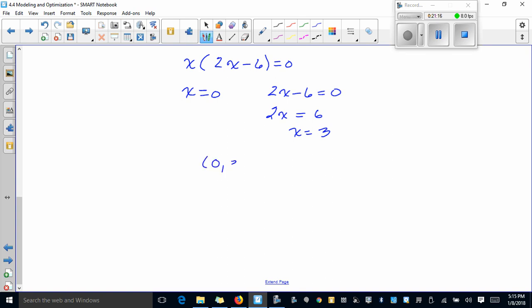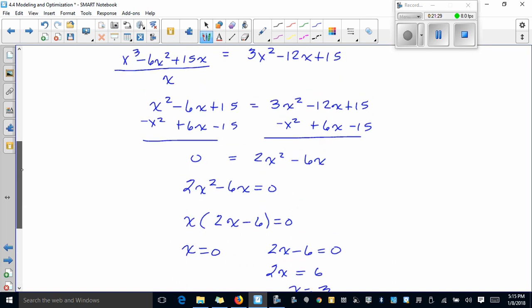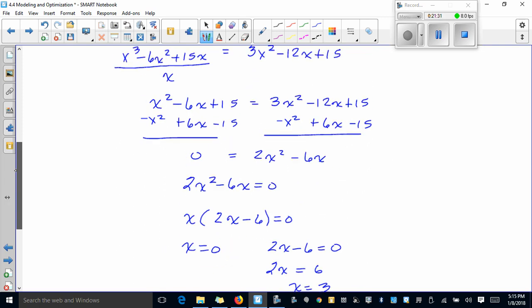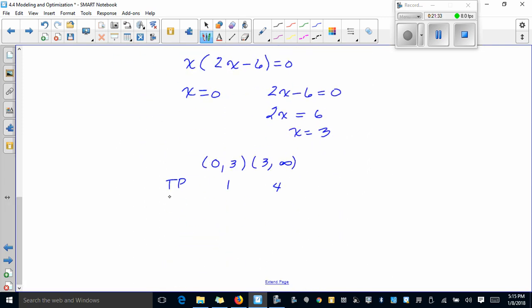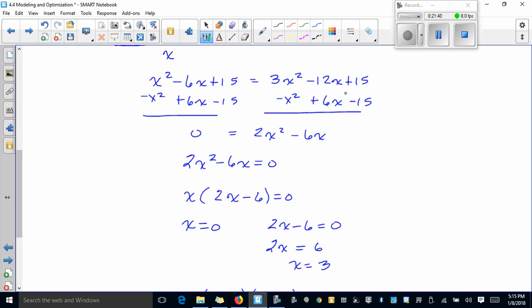If I put 1 in, I get 3 minus 12, which is negative 9, plus 15 gives me a positive value. If I put 4 in, I get 48, negative 48, so those cancel out, and I'm left with 15, which is a positive value.